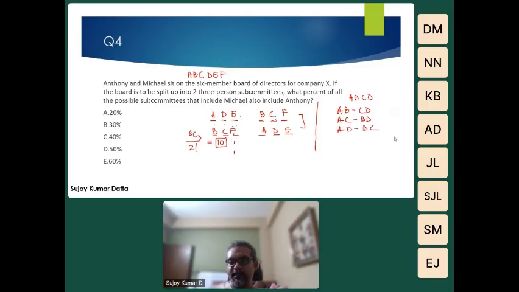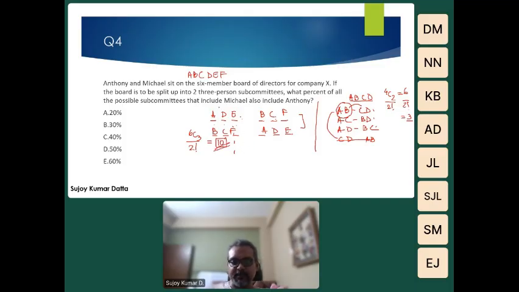You won't find anything else, because the moment you do CD and AB, we have already considered that. But if you do 4C2, because I'm selecting 2, I'm going to get 6. The same logic applies, two identical groups, so divided by 2 factorial. Now you will get 3. So there are 10 such groups.